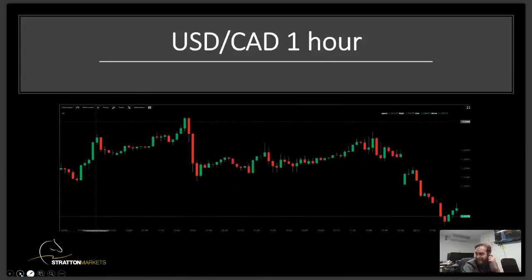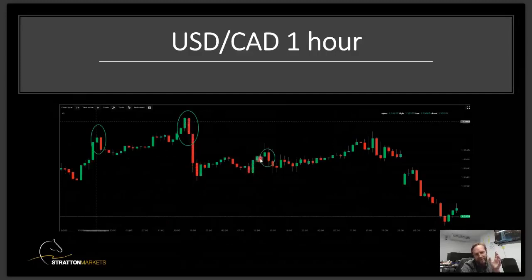Actually, this is the dollar CAD 1 hour. Uptrend, uptrend, uptrend. Bearish engulfing candle engulfs the last bullish candle, and the market starts to sell off. And as we can see again, the market starts moving higher. Bang! Bullish engulfing candle, then a bearish engulfing candle engulfs the previous bullish candle, and indeed the market starts to sell off.